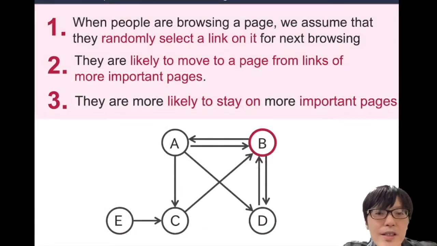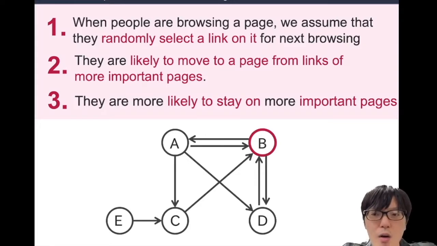We can have another interpretation of the PageRank concept like this. When browsing web pages, we assume that people randomly select a link on the page for the next browsing target.